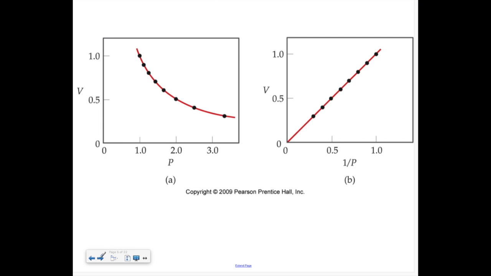This is what Boyle's law looks like when you look at it on a graph. So as you can tell, on the left side, if I plot volume versus pressure, y versus x, that will give us a curved line, and that does make sense.